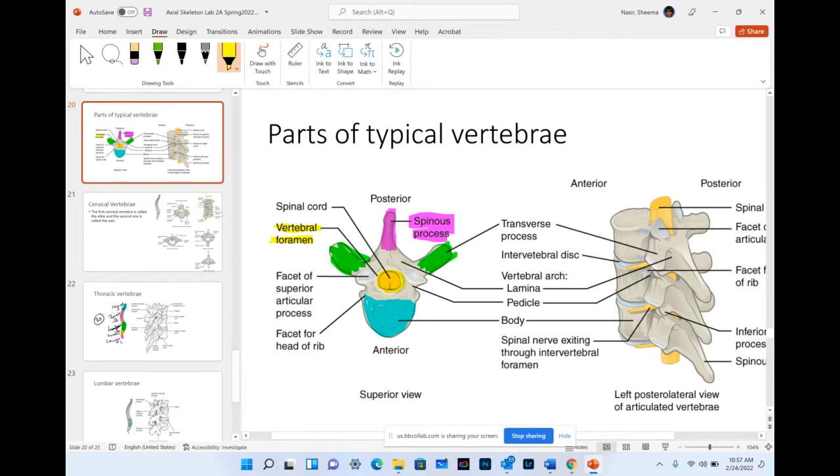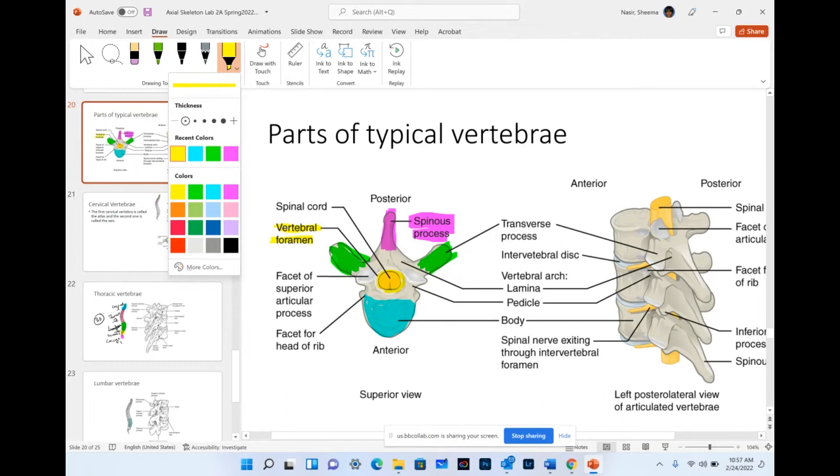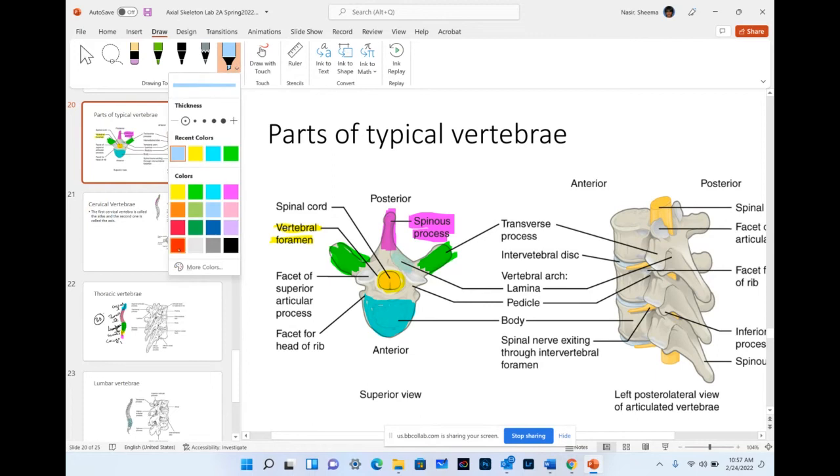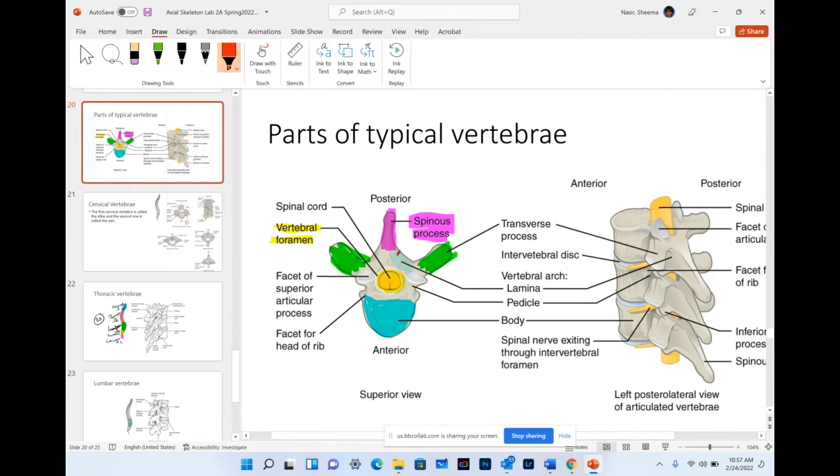Now, what makes up the spinous process? Spinous process is basically made by, you see this part? Oh, never mind. It does not show the color. So I am going to take a dark color. Okay. You see this part on either side, which is this part and this part.